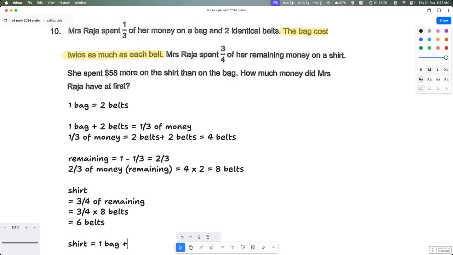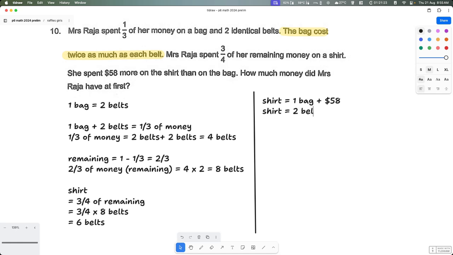So one shirt is equal to one bag plus $58. We know what one bag is, so the shirt is equal to 2 belts plus $58. So we know that one shirt is 2 belts plus 58, and we also know that one shirt is also 6 belts.